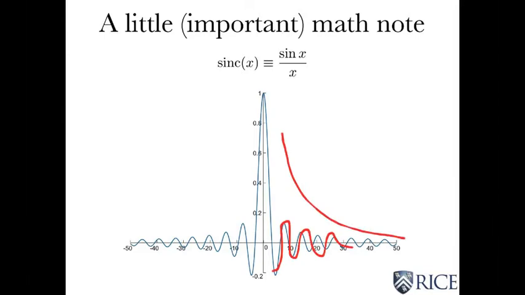At the origin, that's the interesting part, you get 0 over 0, and you have to use L'Hopital's rule to figure it out, and you'll quickly discover that it's equal to 1. So this is a plot of our sinc function: 1 at the origin, and then it looks like a sinusoid with the amplitude going down like 1 over x.